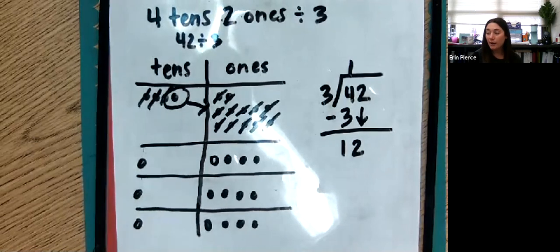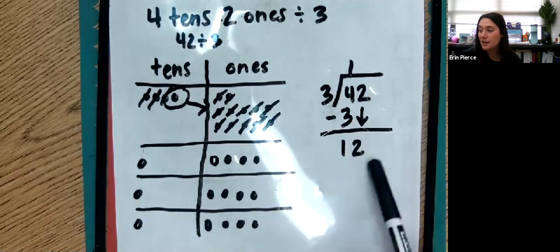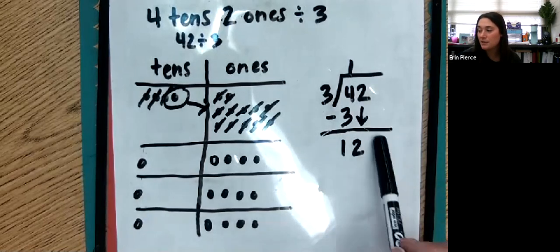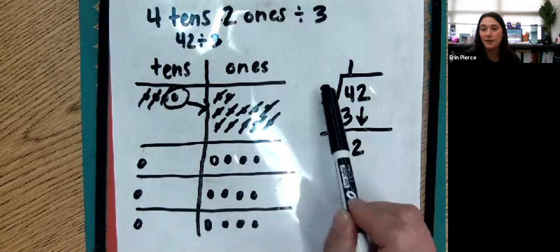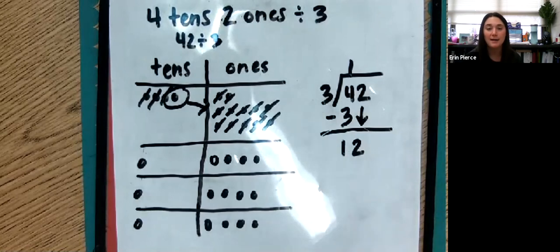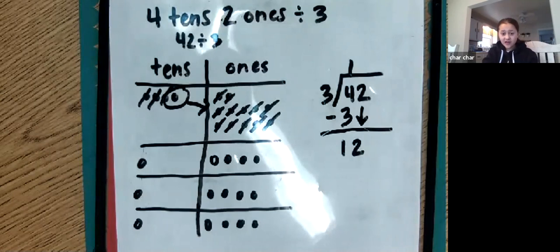So 12, remember I'm looking at this number, not this number anymore. This number, 12 divided by 3 is how much? Charlotte. 12 divided by 3 equals 4.